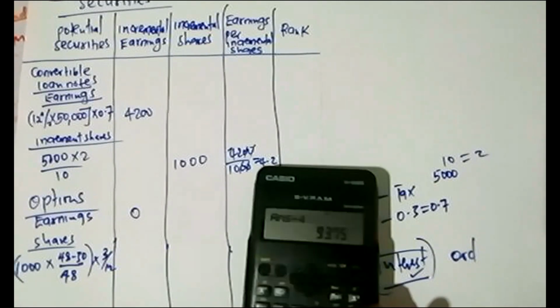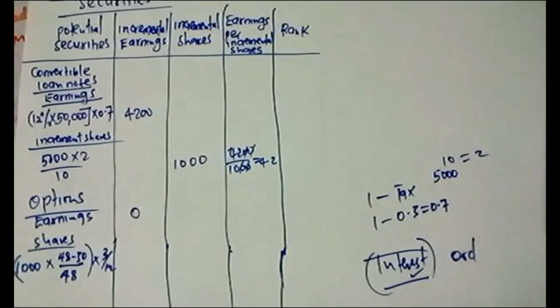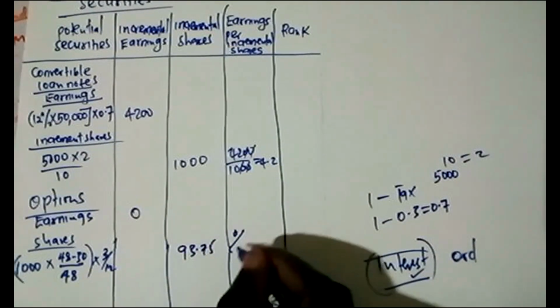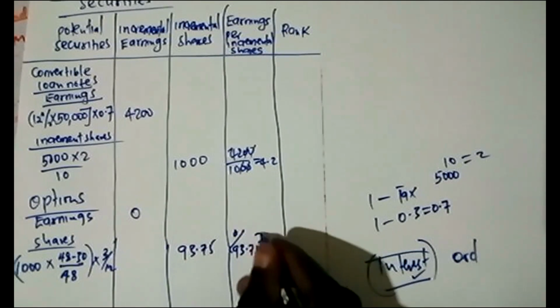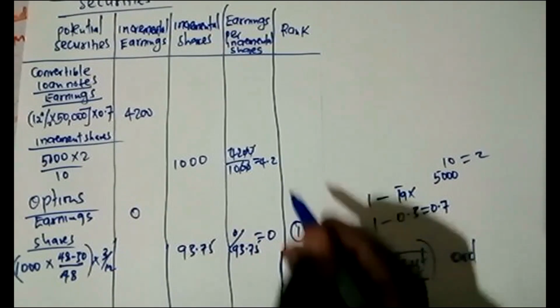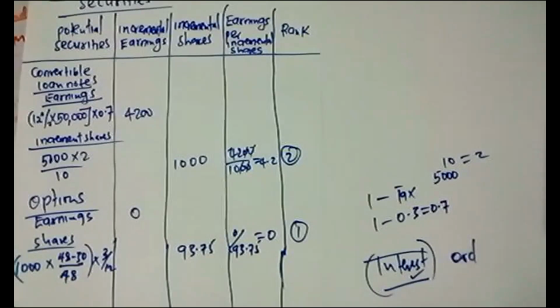I'm getting 93.75. If I divide the two, I'm getting 0. Then I rank from the list, so this is number 1 and this is number 2.